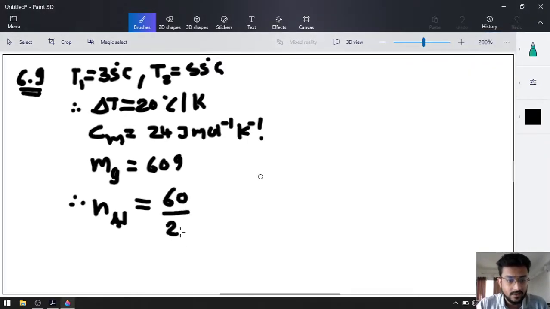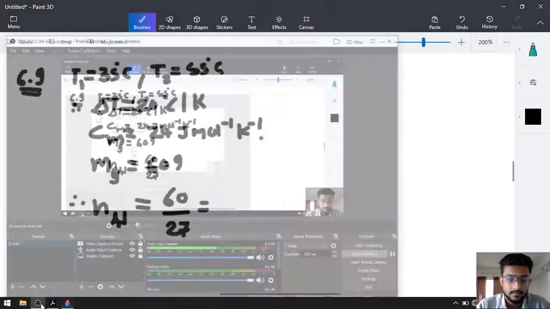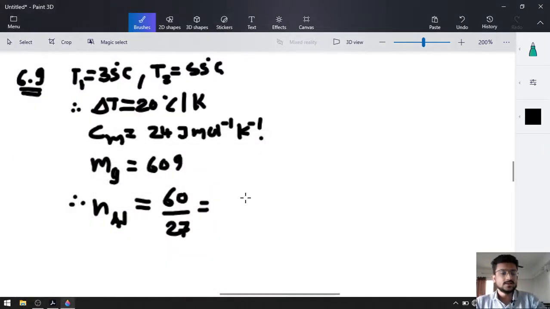So divide by 27. Okay, so 60 divided by 27, it is equal to 2.22.